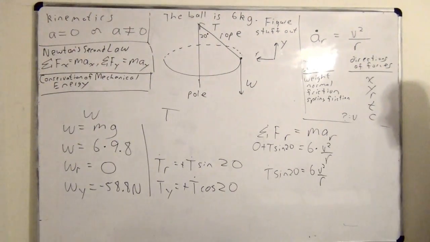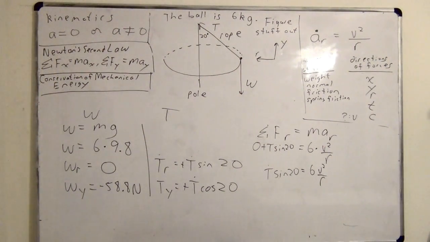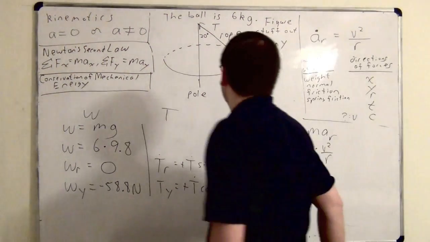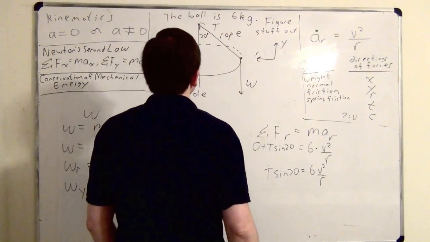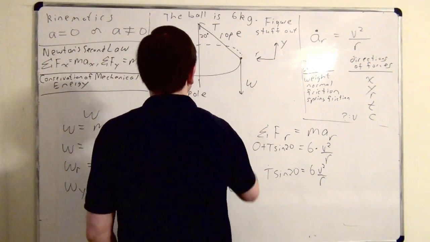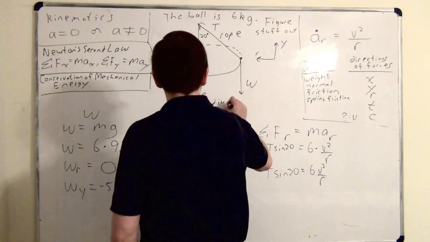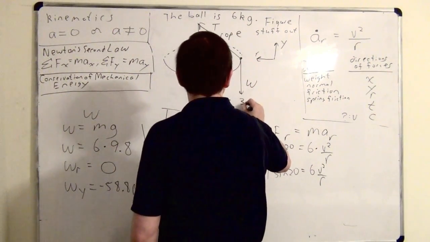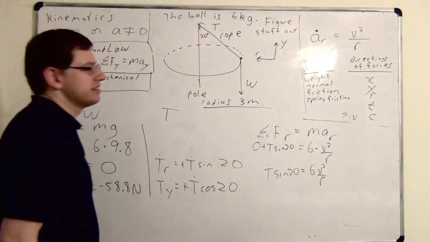Then what? We don't know velocity, right? Right. So, oh, I didn't give you enough information. So I should have said that we're moving in a circle that has a radius of 3 meters. I should have added that information.